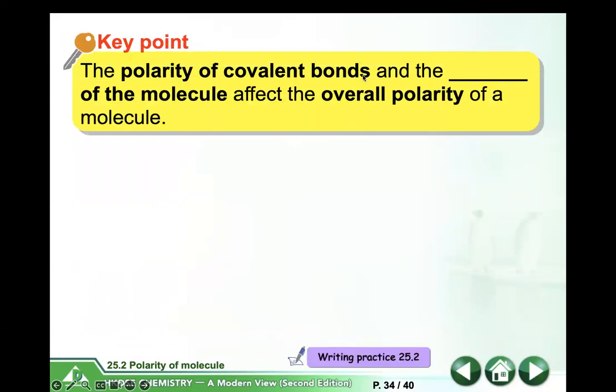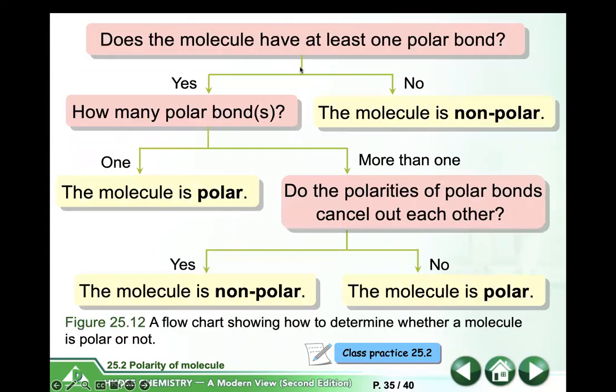The polarity of covalent bonds and the shape of the molecule will affect the overall polarity of a molecule. So when we consider whether a molecule is polar or not, we have to think about whether there is at least one polar bond or not. If it doesn't bear any polar bonds, for example, hydrogen and hydrogen, they don't have any polar bond, or chlorine, then it is non-polar.